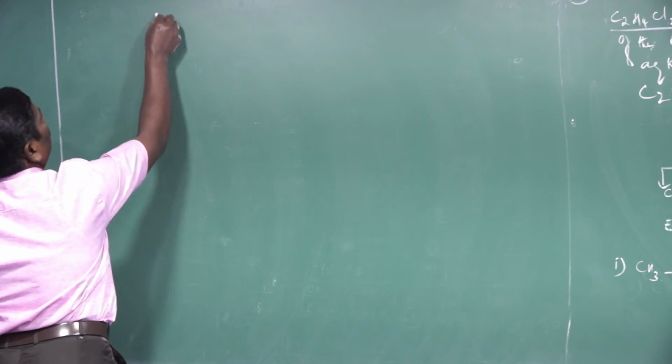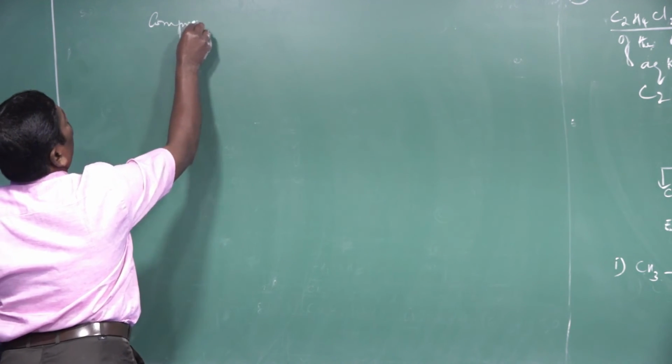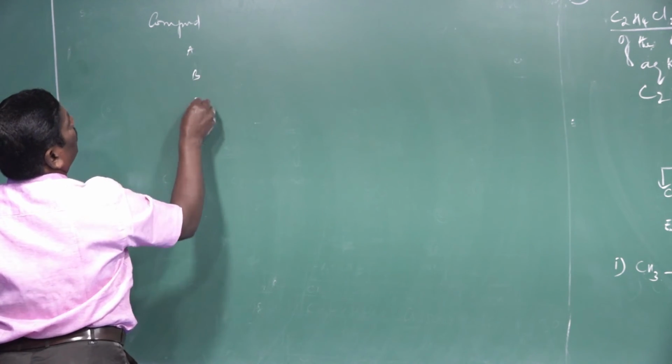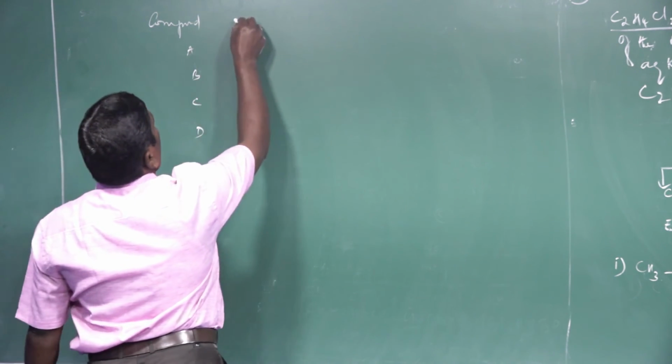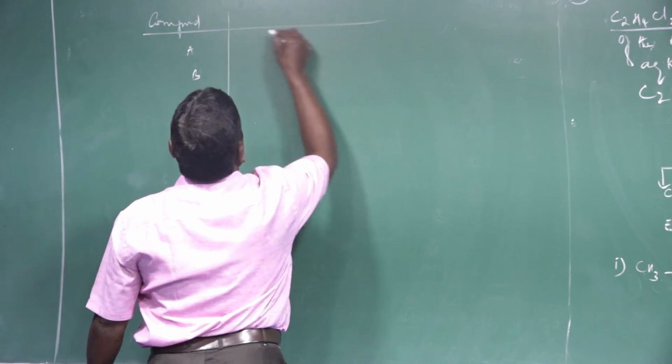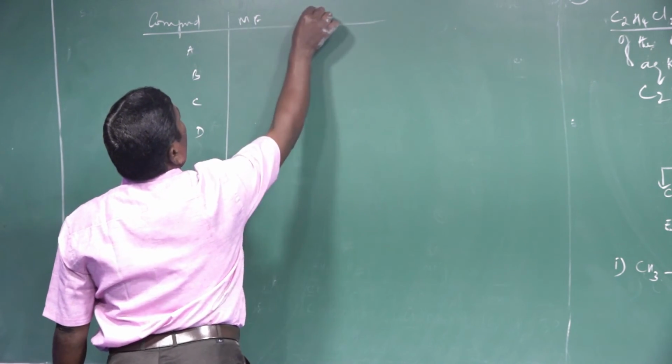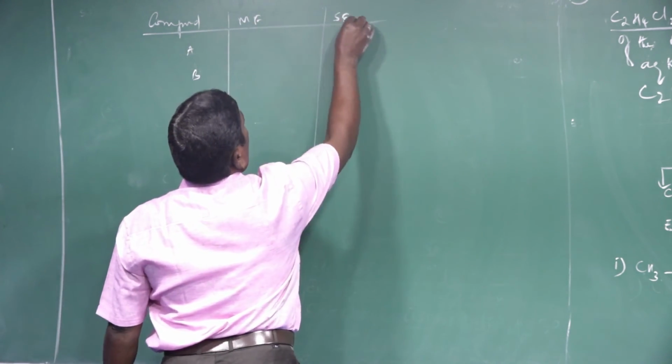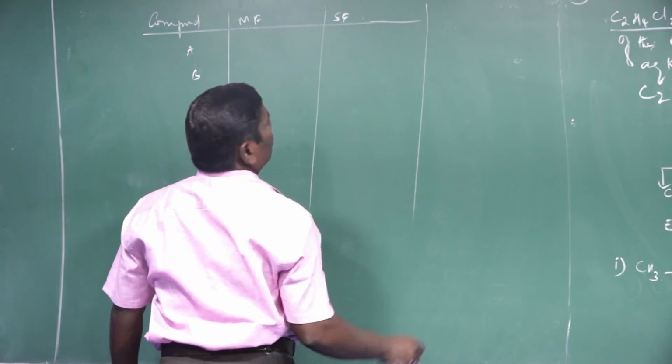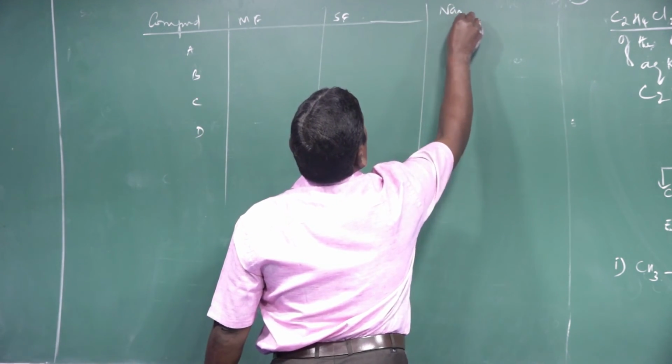Now you see here compounds A, B, C, D. Then molecular formula, then structural formula, then compound name.